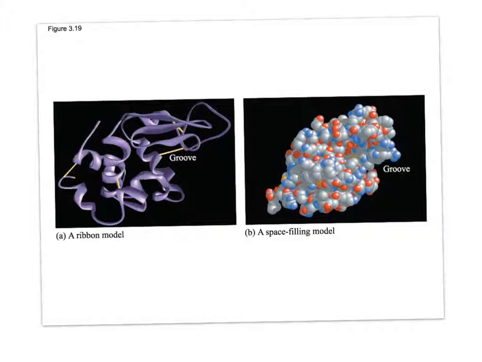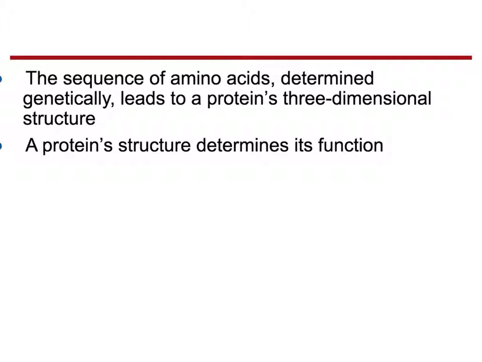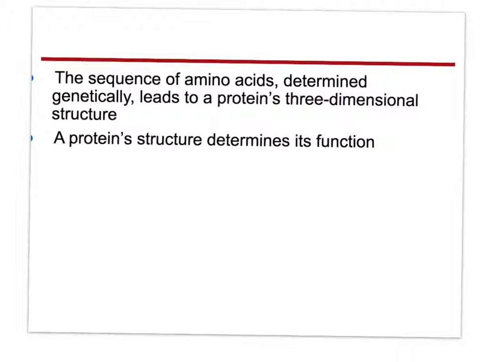All those folds are secondary and tertiary structure. And then beyond that, we could have multiple subunits of peptides come together to form a functional protein. That is quaternary or fourth degree structure. Okay? So your sequence is determined genetically, and it will eventually lead to the protein's three-dimensional structure.